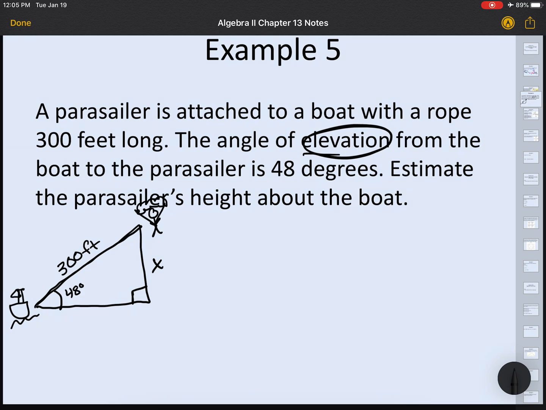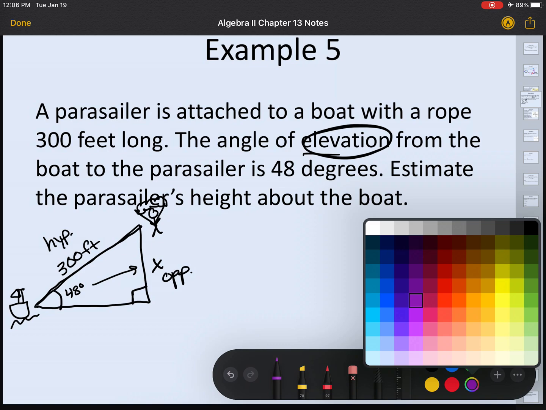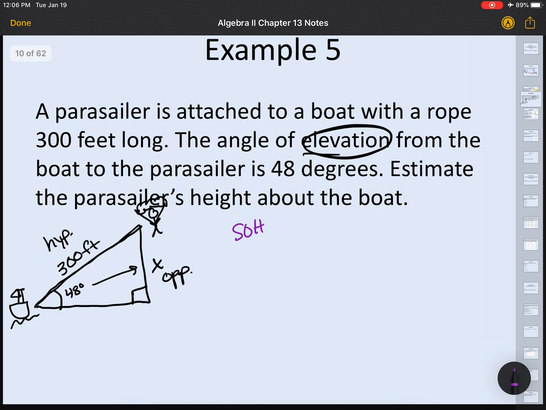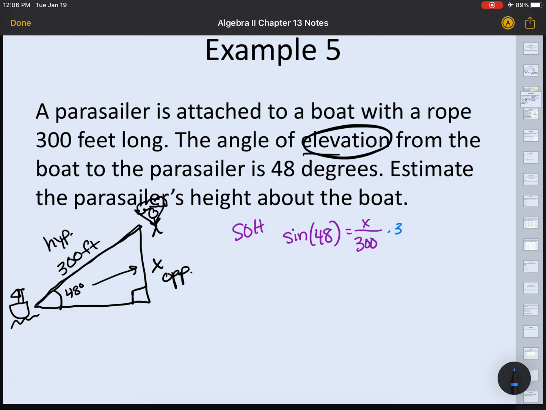So if we compare it to our reference angle of 48 degrees, that's our theta. Well, this is the side opposite. And we have the hypotenuse, which is the longest side across from the 90-degree angle. So what trig ratio uses opposite and hypotenuse? Well, that is our sine. So sine of our angle, which is 48 degrees, is equal to our opposite, which we don't know yet, over 300. And again, to get that out of there, multiply by that 300 on both sides.